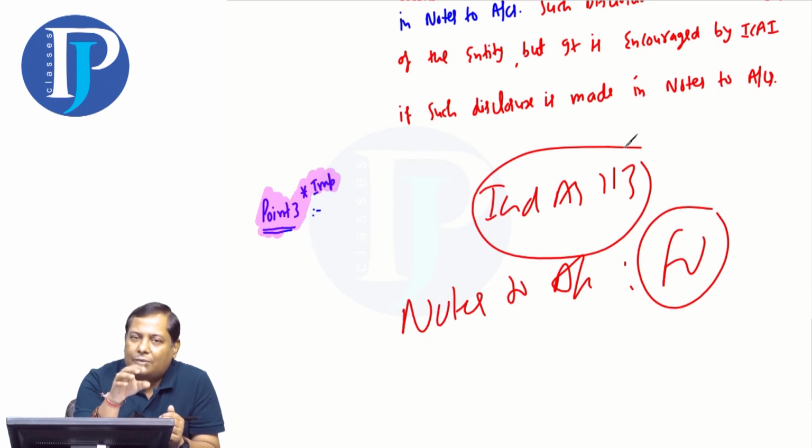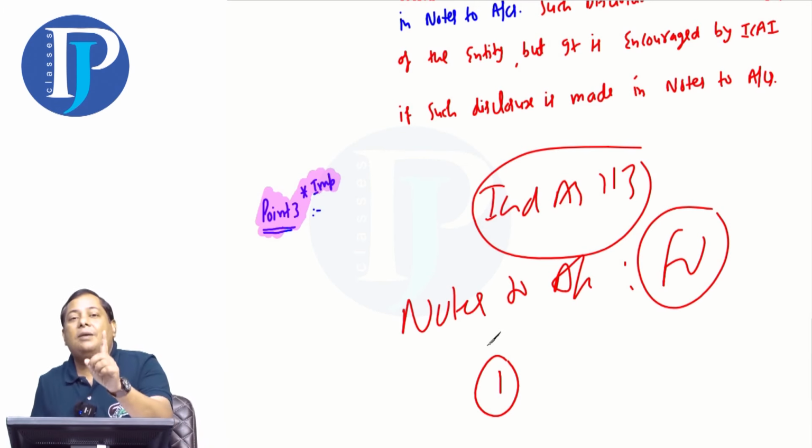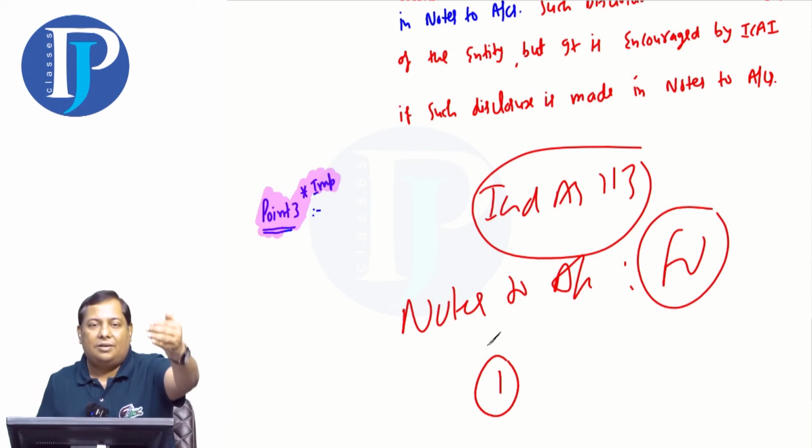Which Ind AS tells this? 113. So fair value in the notes to accounts will be determined under the guidance of 113. And what does 113 say? Fair value that you will show in notes to accounts will be determined by an independent valuer. So this clearly means you will need to get a certificate about it.